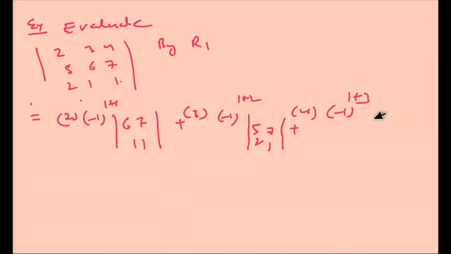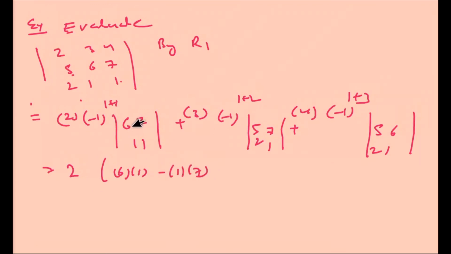And for A13, first row, third column, 5, 6, 2, 1. Now solve this. This one is the power 1 plus 1 is 2, so positive, and here we multiply 6 into 1 minus 1 into 7, a determinant of order 2, as I already explained.